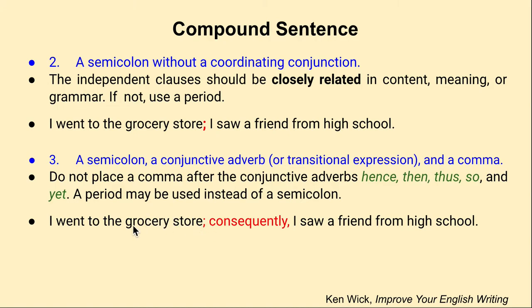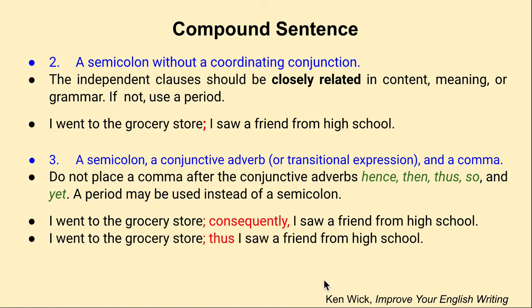So here I've separated them with a semicolon, a conjunctive adverb, and a comma. Then here, once again, I use a conjunctive adverb, but this is one of the, what was it, two, four, five that you do not use a comma for.